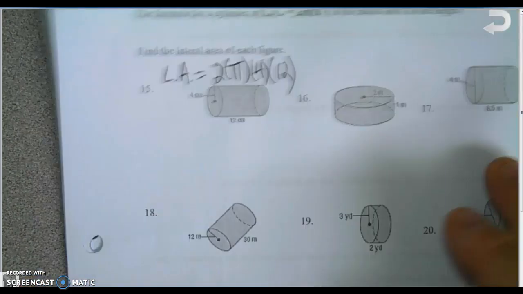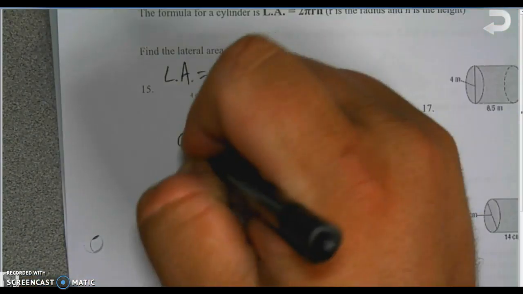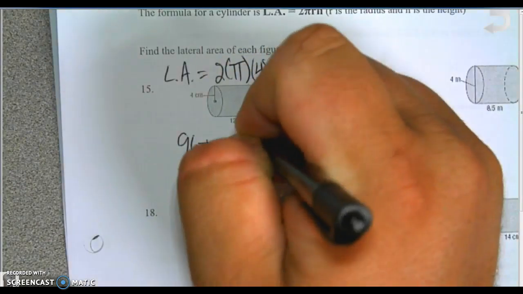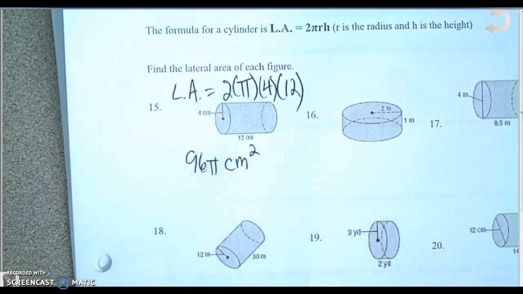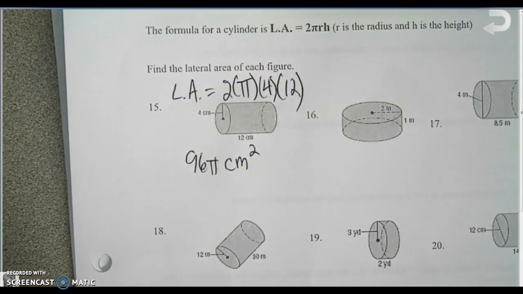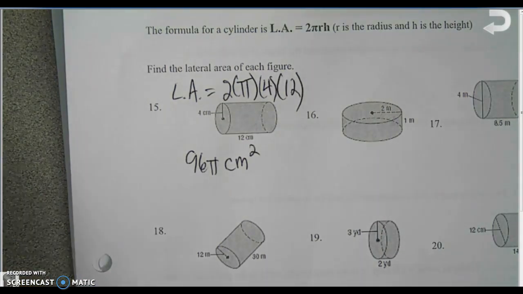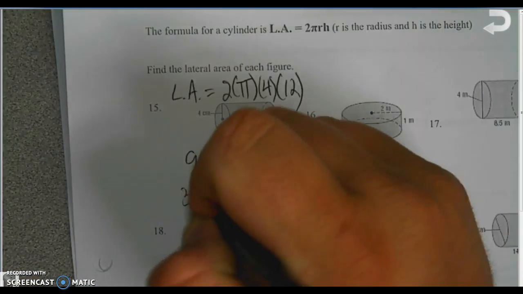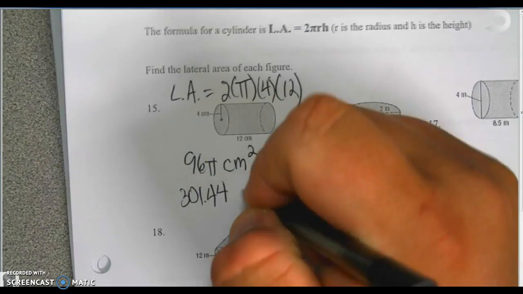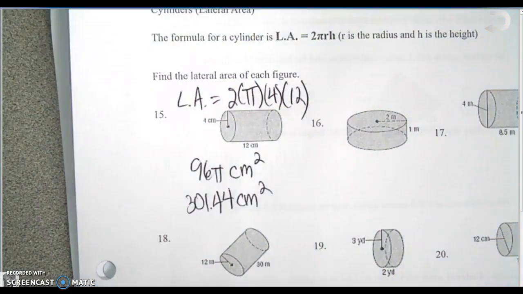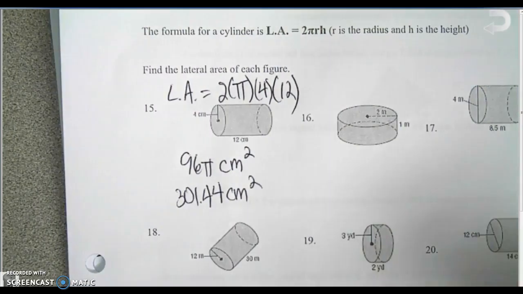Essentially our answer is 96 pi centimeters squared. But we want to also write that out in decimal form, and it is 301.44 centimeters squared.